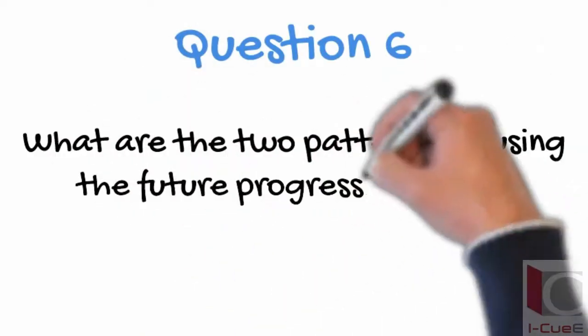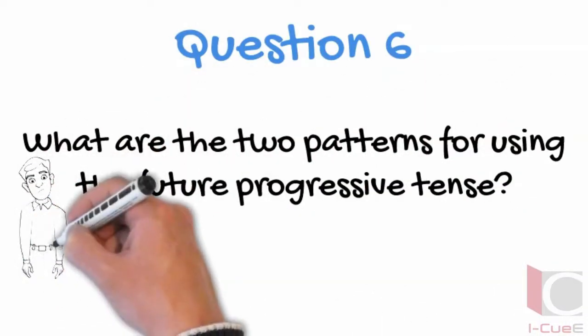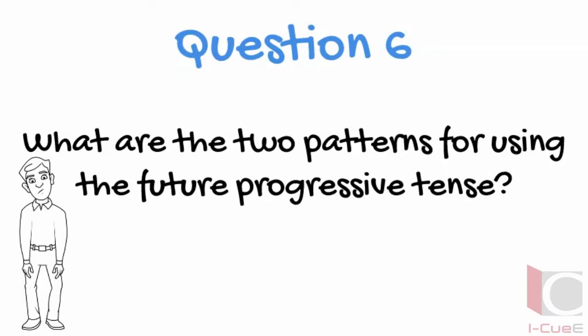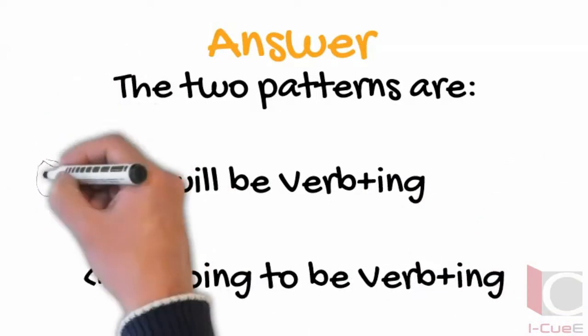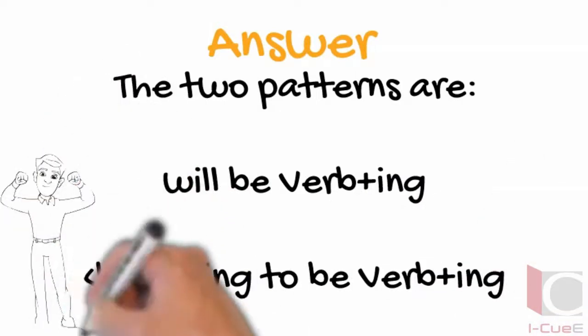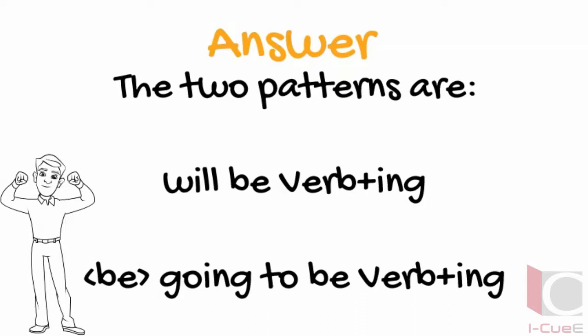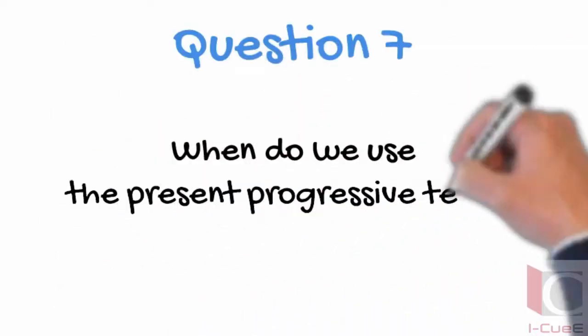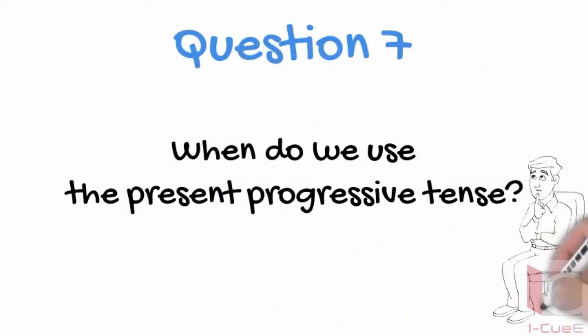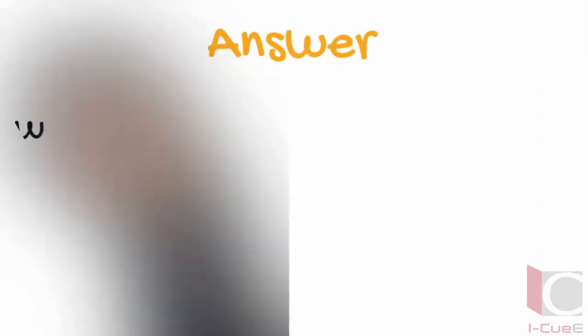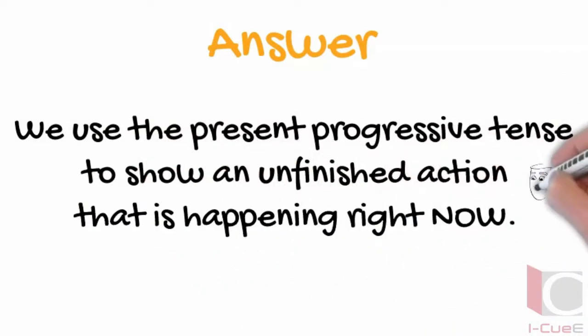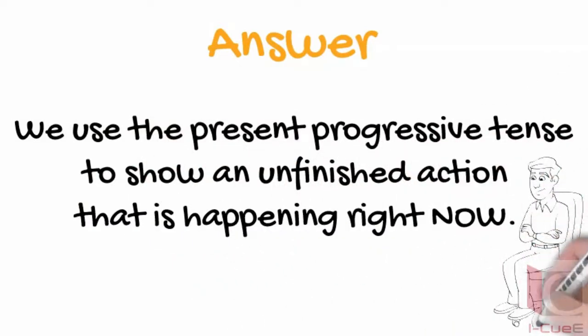What are the two patterns for using the future progressive tense? The two patterns are will be verbing and be going to be verbing. When do we use the present progressive tense? We use the present progressive tense to show an unfinished action that is happening right now.